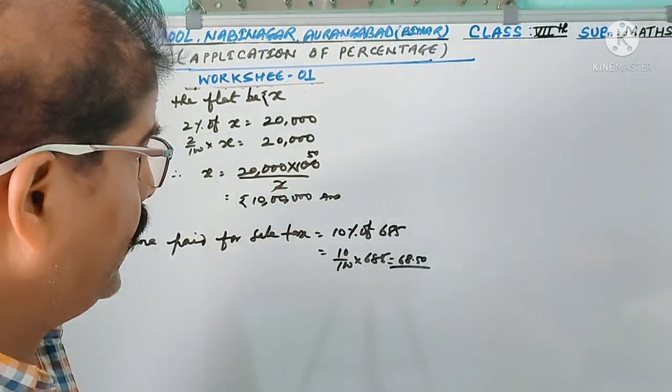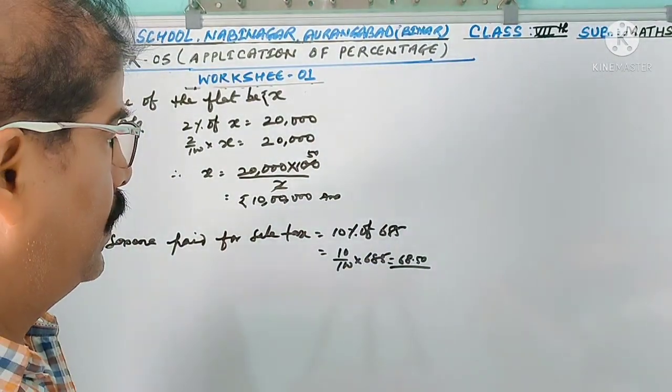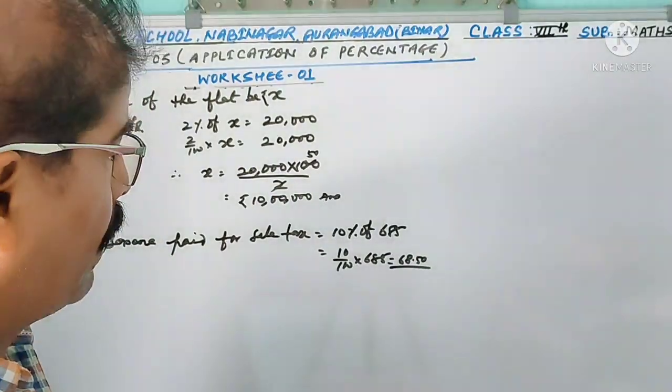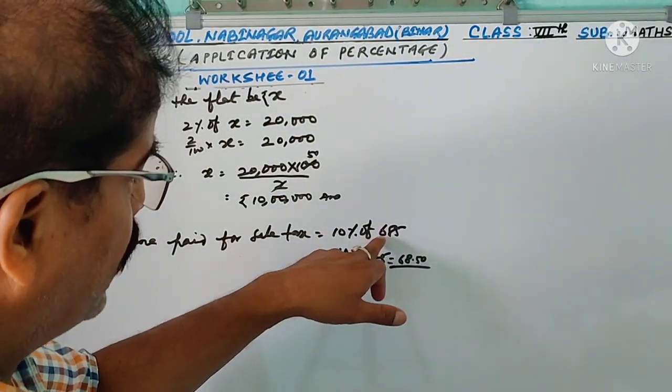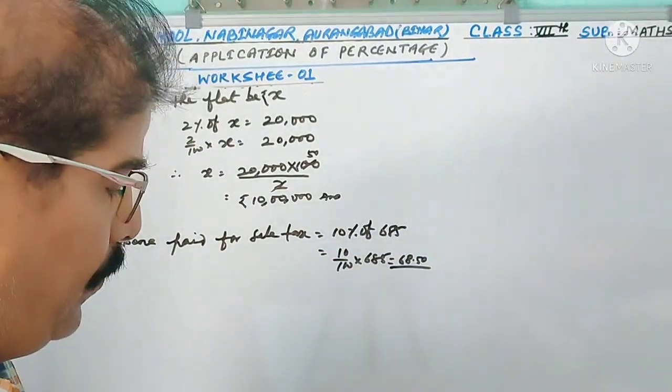And the food taken is 685. Mr. Saxena took food worth rupees 685.